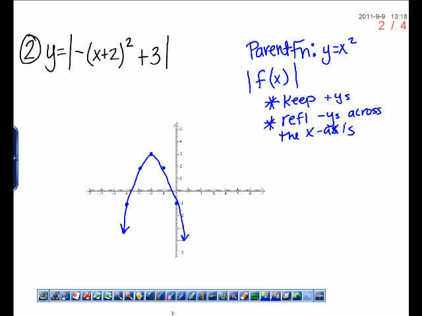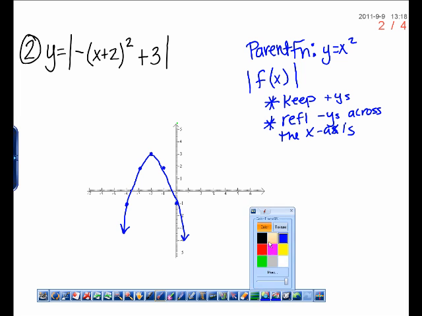You're redrawing your graph from number 1. Now, we luckily had already done all those transformations before, but say you got this problem just to start with, you would list your transformations, do them all, and then the absolute value would come at the very end. So, we're going to follow our rules.